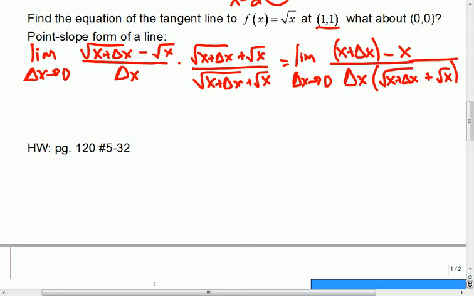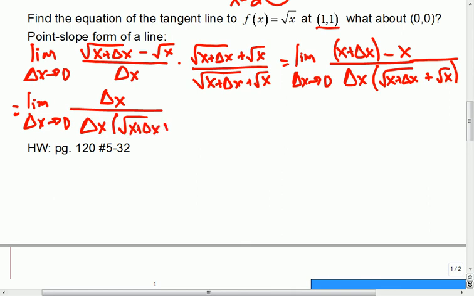Okay. So if we keep going, this is the limit as delta x goes to 0. It looks like the only thing that survives on the top is a delta x, and that's a good thing because then it'll factor out on the bottom. So what do I have here? This should be root of x plus delta x plus root x. And those would cancel each other out.